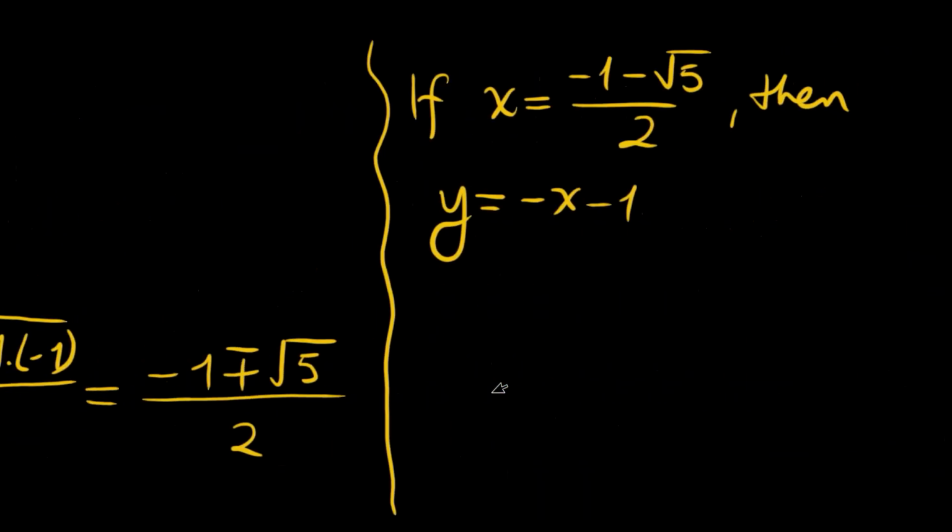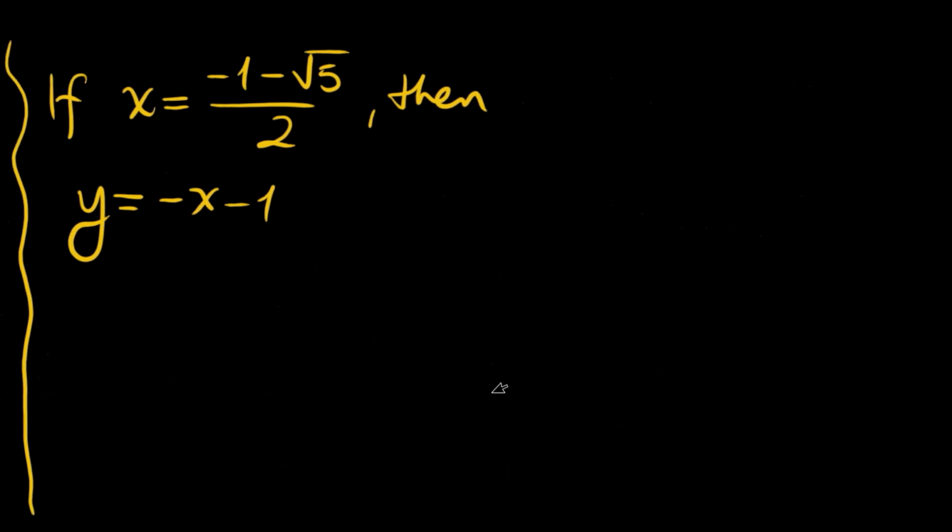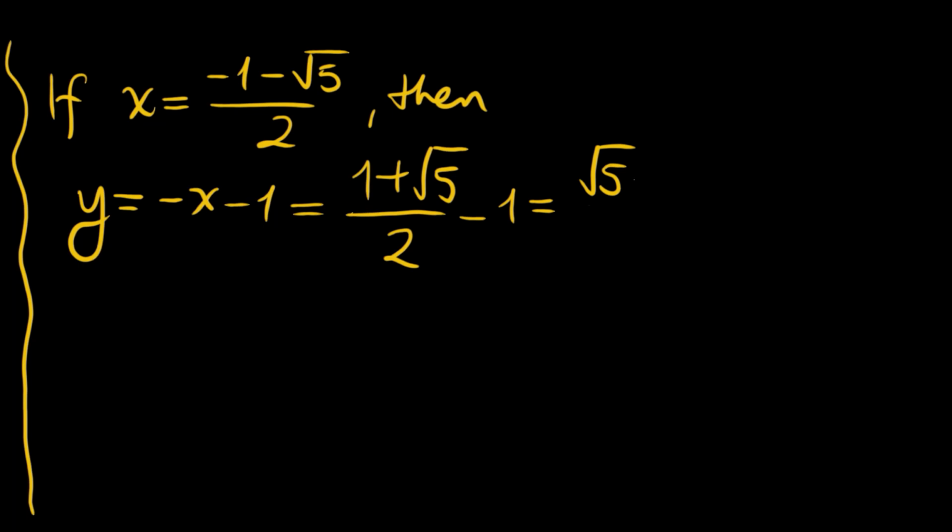So y here will become, if we just multiply by a negative sign, 1 plus the square root of 5 divided by 2 minus this 1. This will give us the square root of 5 minus 1 divided by 2.